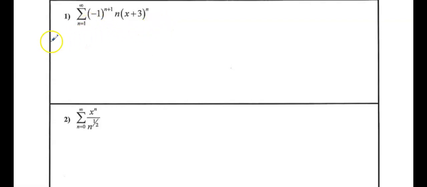One of the things that I want to say really quickly about this example when we start out is that when I actually try to find the interval of convergence, remember that the first thing that we do is we take the absolute value of our function, right? All this is going to do is change the sign from positive to negative, negative 1, back and forth. So this actually can go away initially.